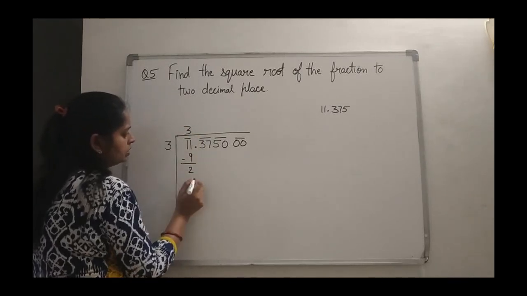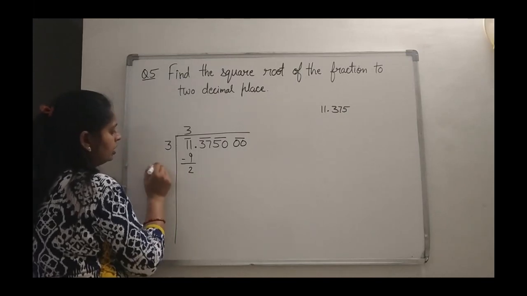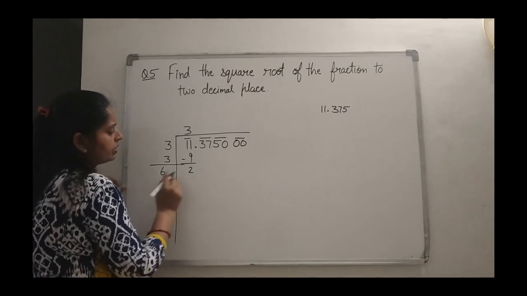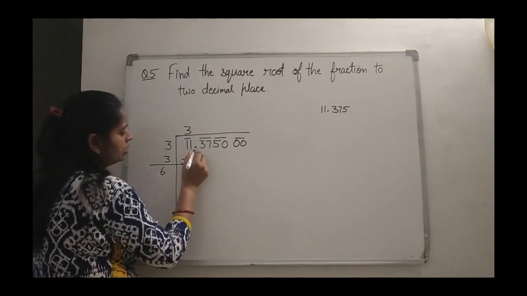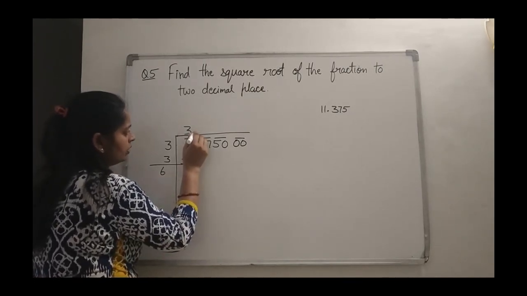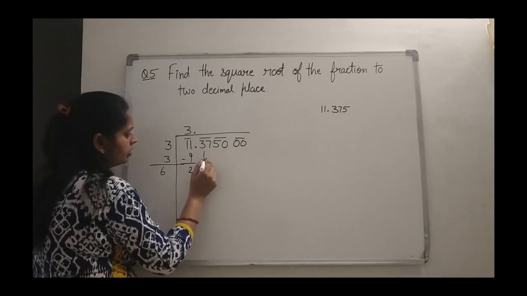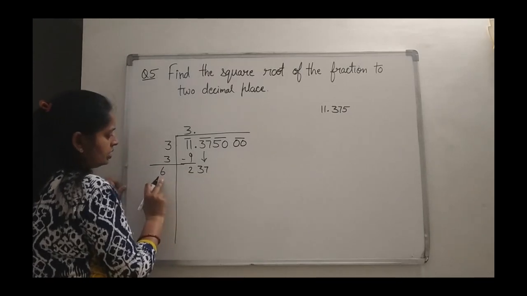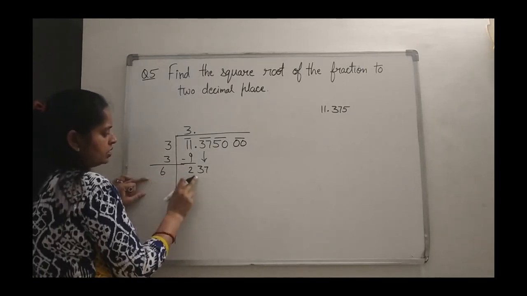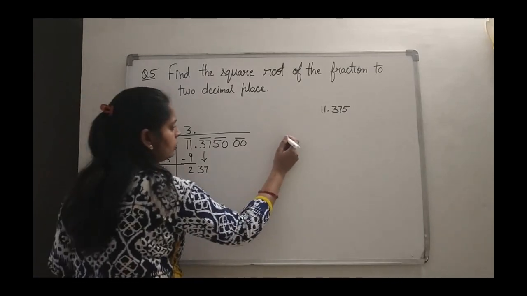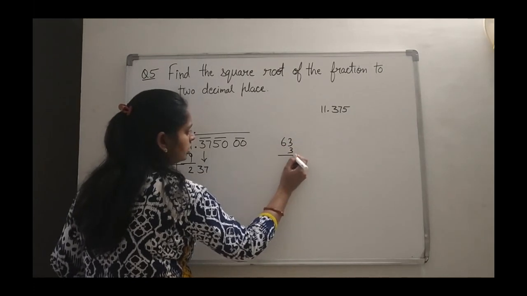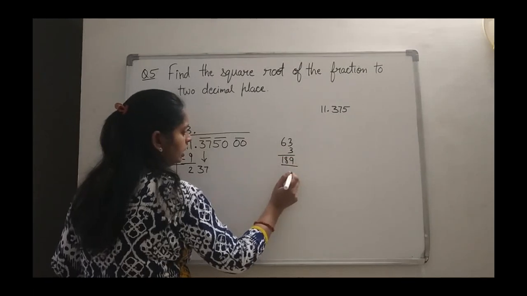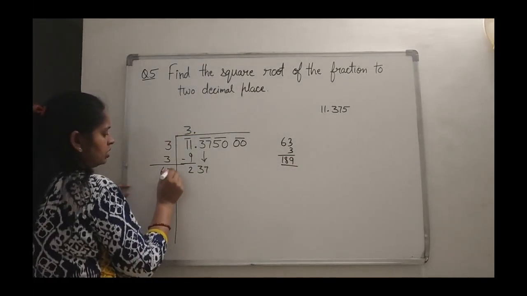When we subtract it, we get 2, and here 3 plus 3 will give you 6. Before the next pair we have a decimal point, so we are putting the decimal here, and after putting the decimal, the next pair will come down. 37, 6 is there. 6 4s is 24, so 4 will not go, we'll check for 3. 3 3s is 9, and 6 3s is 18, so we got 3.